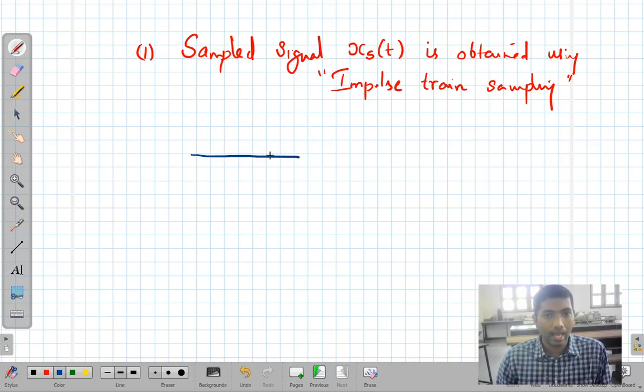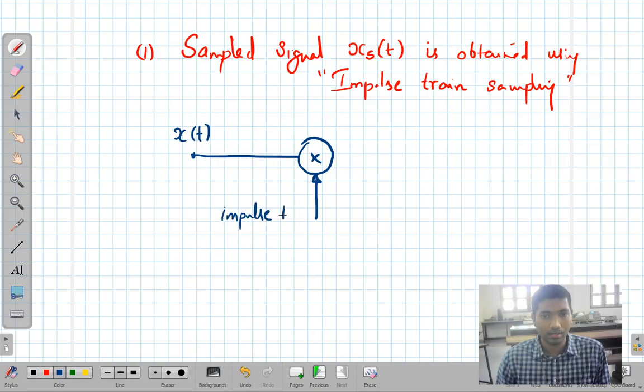If we have a signal x of t here, we are going to multiply that with something called an impulse train. So what is an impulse train? It is a train of impulses.